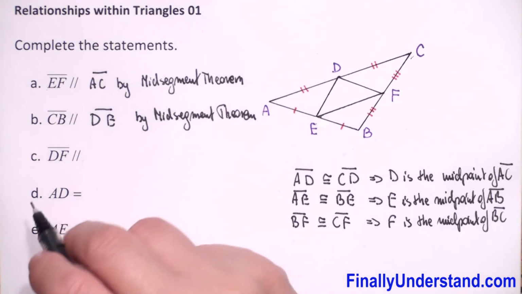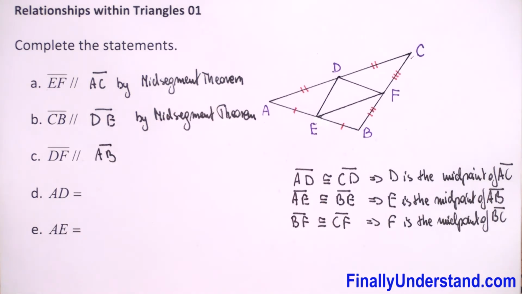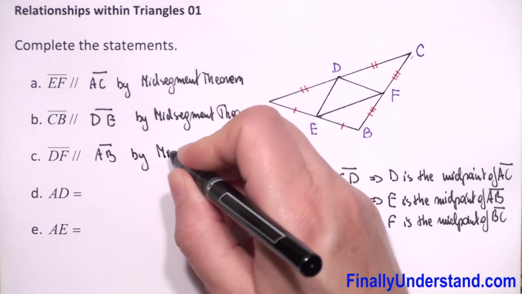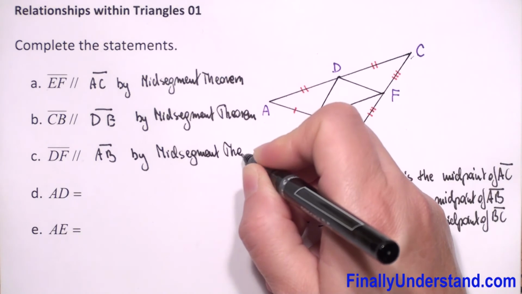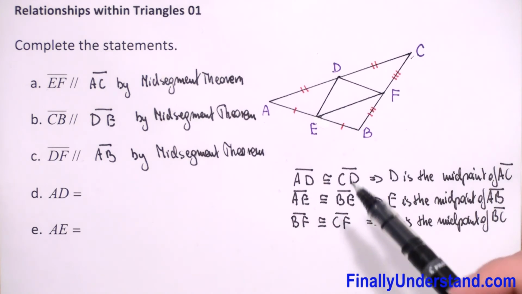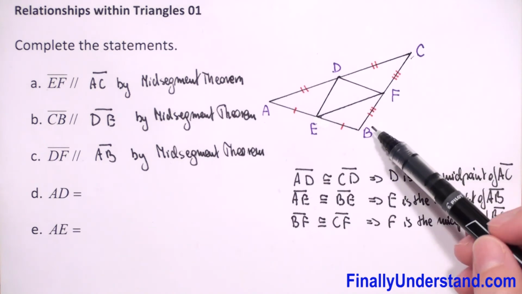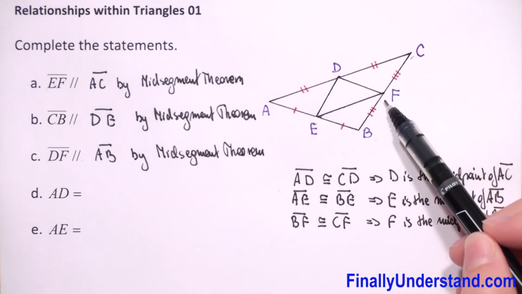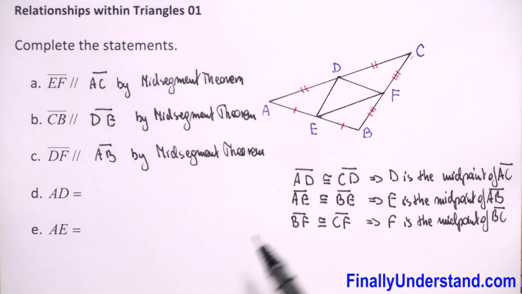So we can write that DF is parallel to AB segment by Midsegment Theorem. Why? One more time. Because D is the midpoint of AC segment and F is the midpoint of BC segment, it means that segment DF is parallel to the third segment. The third segment of our triangle is AB.